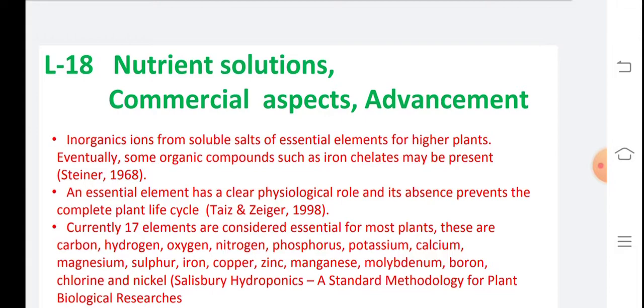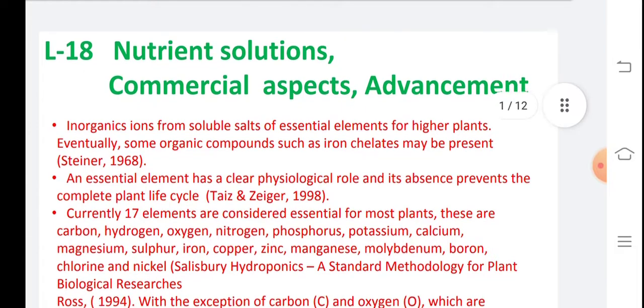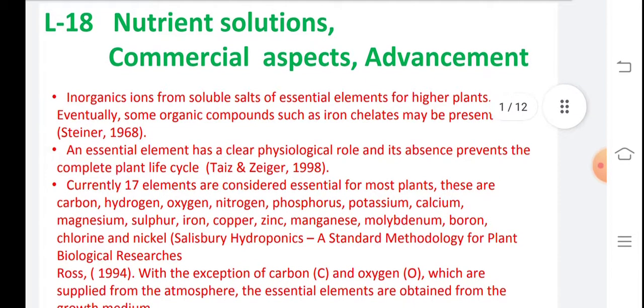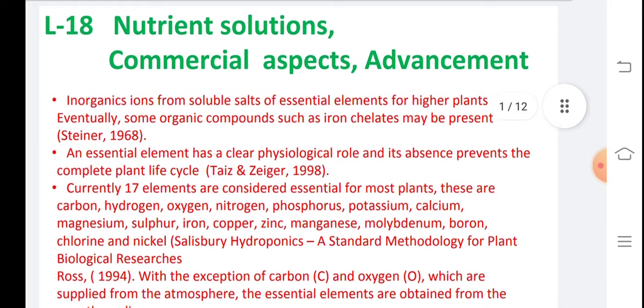It was first reported by the scientist Steiner in 1968. The physiological role of these elements is essential in the plant life cycle. It was also shown by Tej and Jigar in 1998.